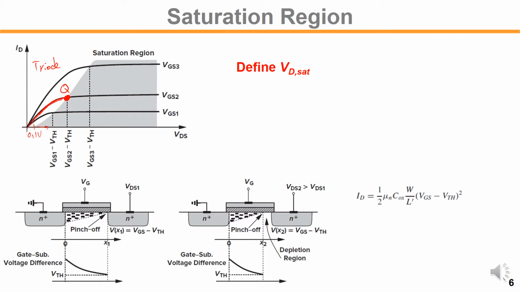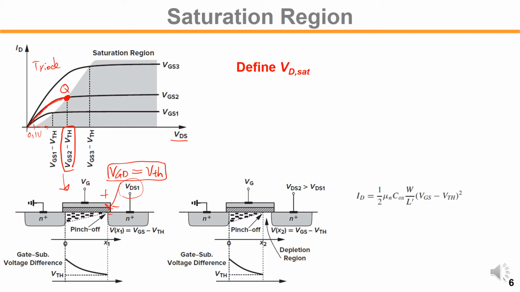When VDS is equal to VGS minus VTH, the drain voltage is even higher, so the voltage between gate and drain, VGD, approaches VTH at that point.